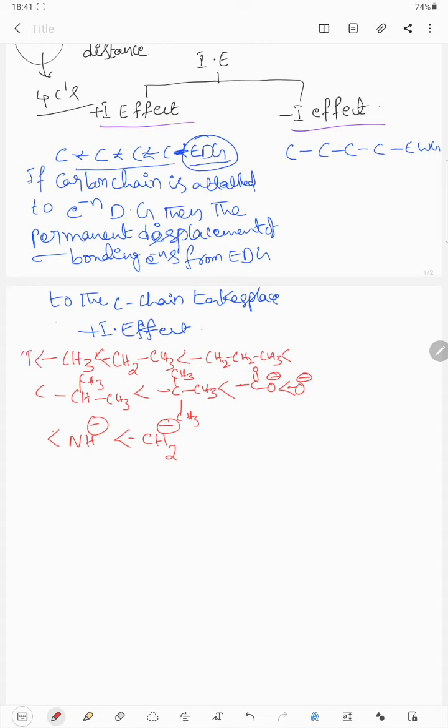And tritium and deuterium have less plus I effect. These are the examples.